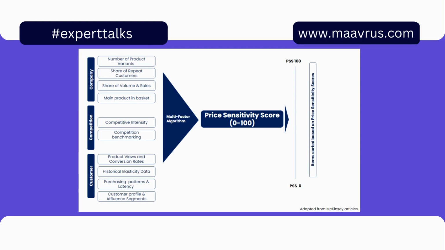Are there historical data available about price elasticity impact on them? Are there data related to traffic and conversion rates, etc. So using a combination of all these inputs and using multi-factor algorithms, one could arrive at a price sensitivity score and then rank all items from 0 to 100.